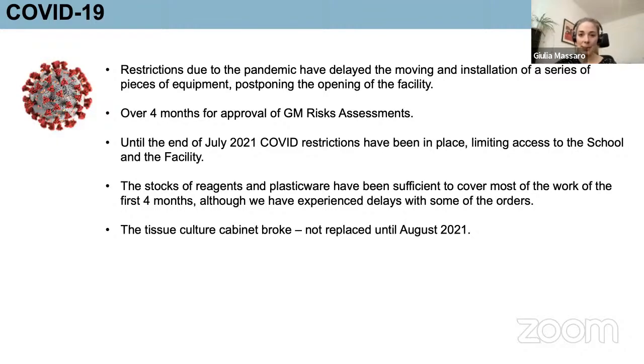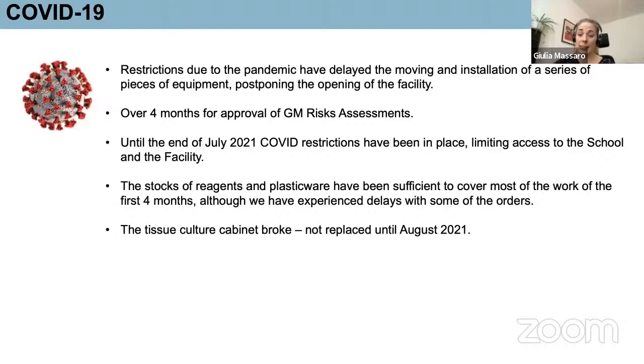And then obviously COVID hit, and I'm sure that all of us struggled a lot in the last couple of years because of the pandemic. Of course, this had a big impact on the facility because, first of all, we couldn't get the equipment in because of the restrictions.